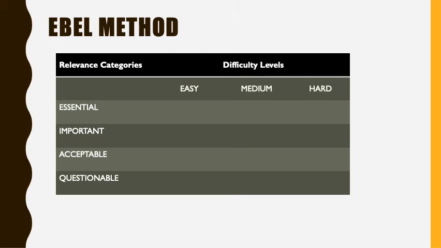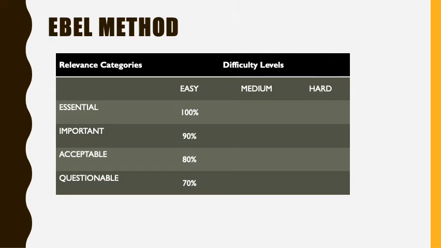Now we'll go to the difficulty level. It's usually easy, medium, and hard. Simple. After which, you assign scores or percentages for the questions. For example, if the question is easy and essential, 100% of the students should be able to get this. And accordingly, you label all the others.